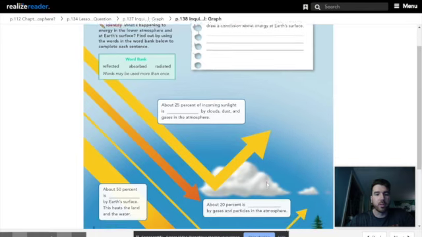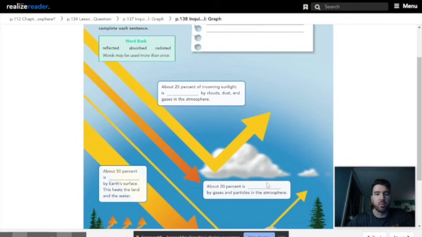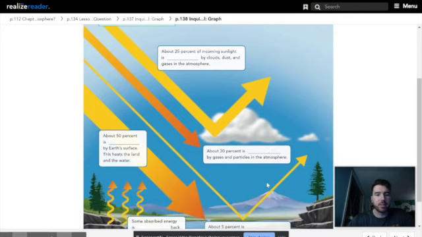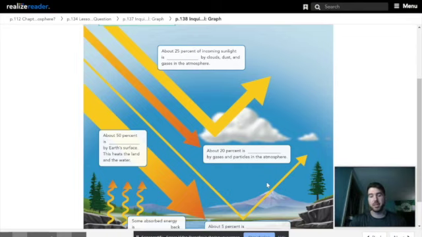So our words in the word bank are reflected, absorbed, radiated. So let's start at the top. About 25% of the incoming light is blank by clouds, dust, and gases in the atmosphere. So judging by what we've learned from previous pages and what we can see going on in this image, take a guess and try to figure out an answer.